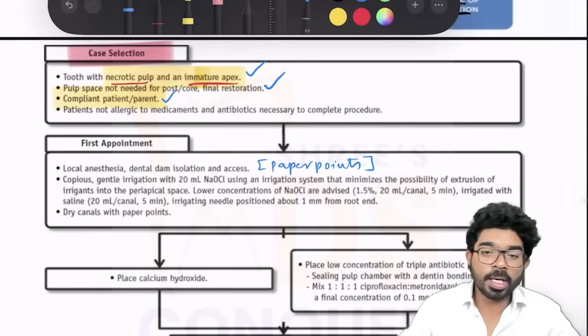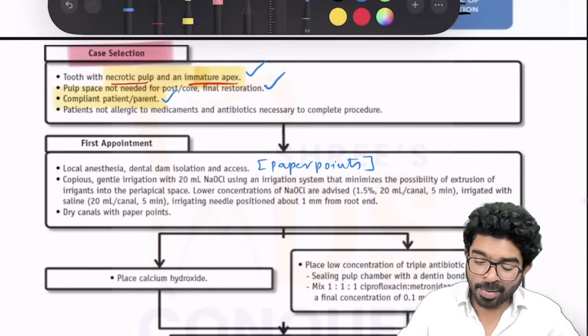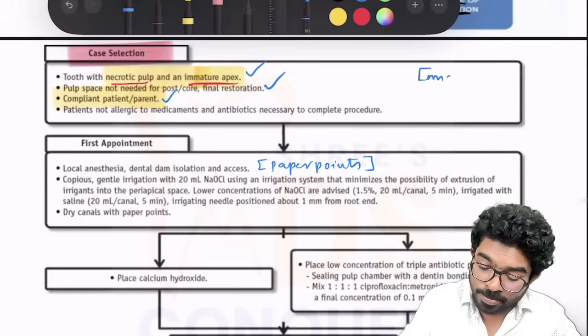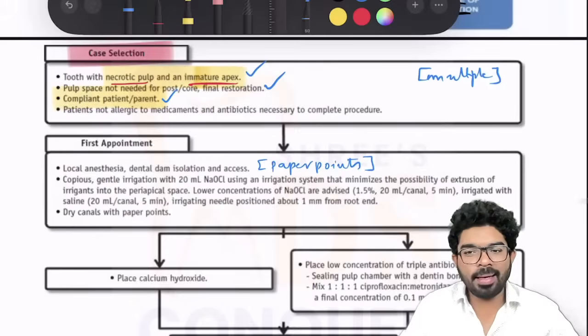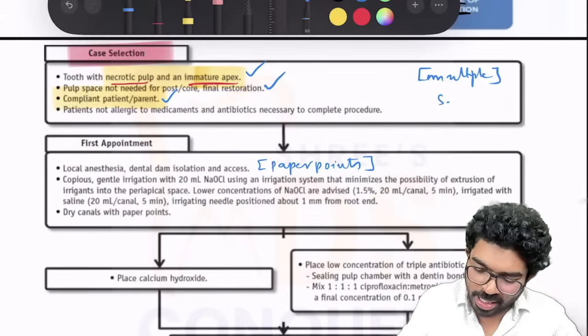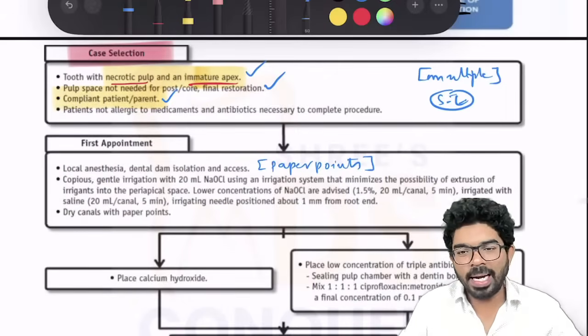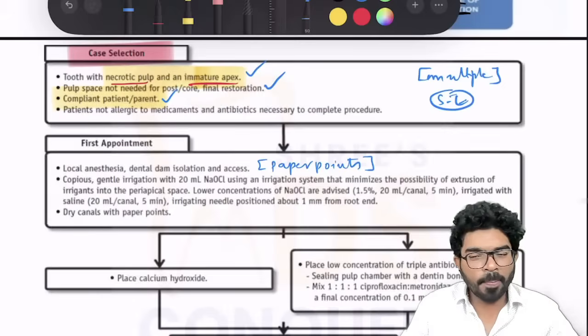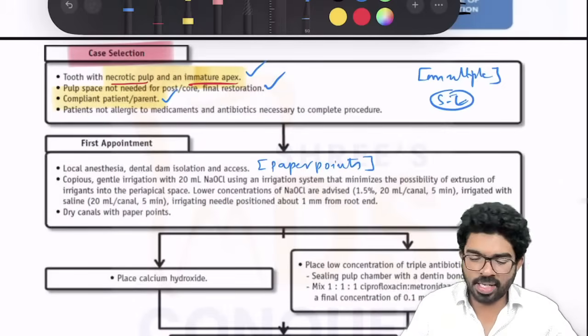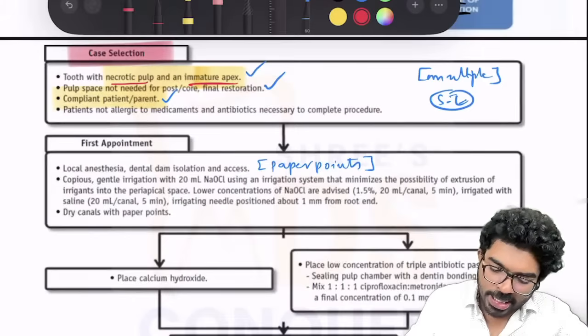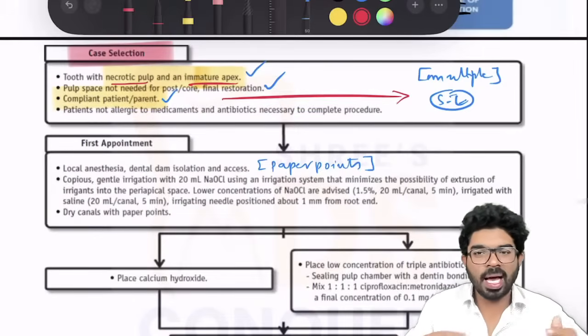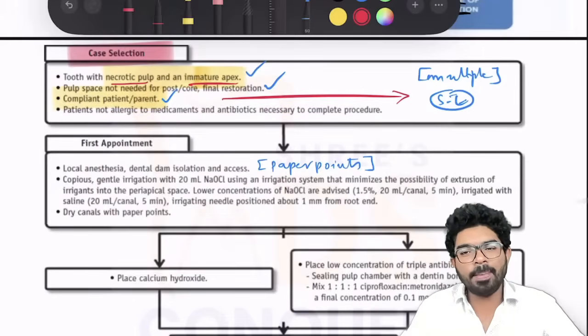There should be cooperation of the patient and the parent, because regenerative endodontics is multi-visit. Even if you see the same line, serial extractions are also multi-visit. The most important criterion for the success of serial extraction is patient and parent cooperation, because they have to come for multiple appointments.